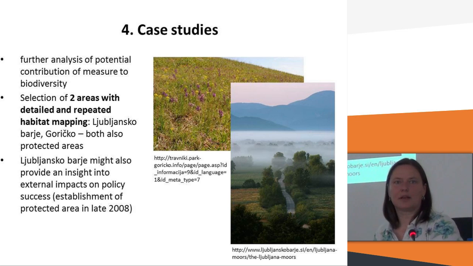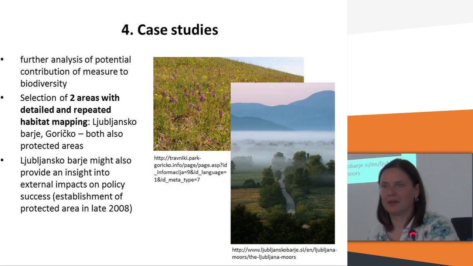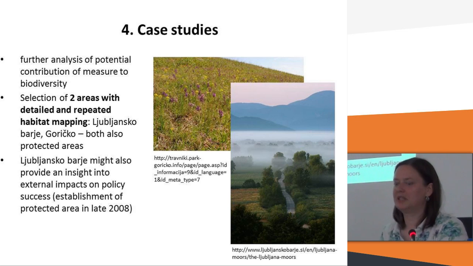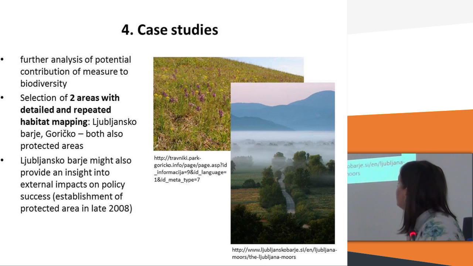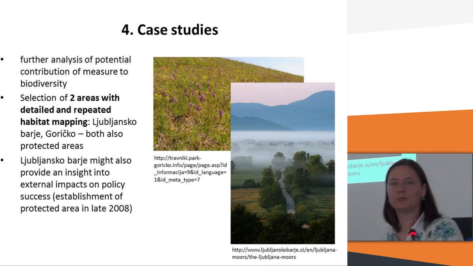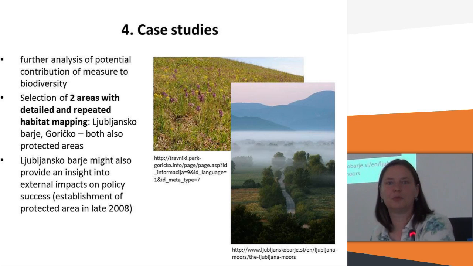But okay, the country is not very big, but it's still big to analyze so many data. So we decided to pick 2 case studies. One is Ljubljana Marshland. This is a picture from there. It's just south of Ljubljana. You cross the ring road of Ljubljana and you're here with wet feet.